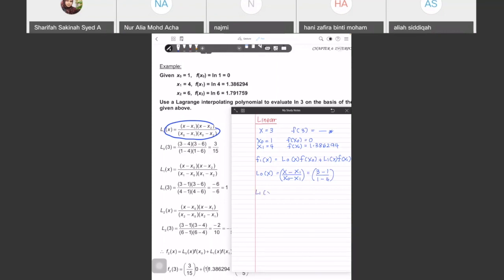And L1, you have x minus x0 over x1 minus x0. Here you have 3 minus 1, where x0 equal to 1 and x1 equal to 4.